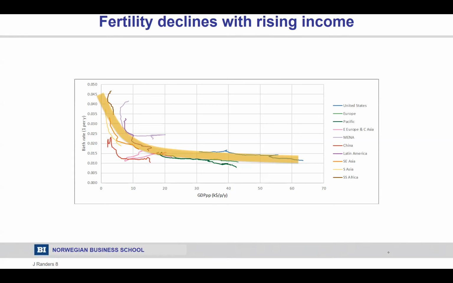And you see the yellow line is basically our general assumption based on the underlying data, namely that you start with a high birth rate when incomes are low, and then you move towards ever lower birth rates when incomes rise.